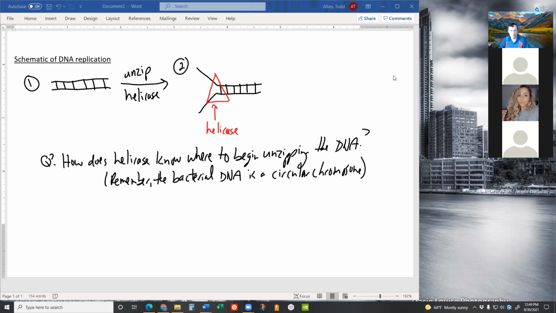Come on, it's there, figure 8.6. It's not the promoter, no. It's not the replication fork, no. Thank you, Chelsea. It's the origin of replication. That's exactly right, the origin of replication.